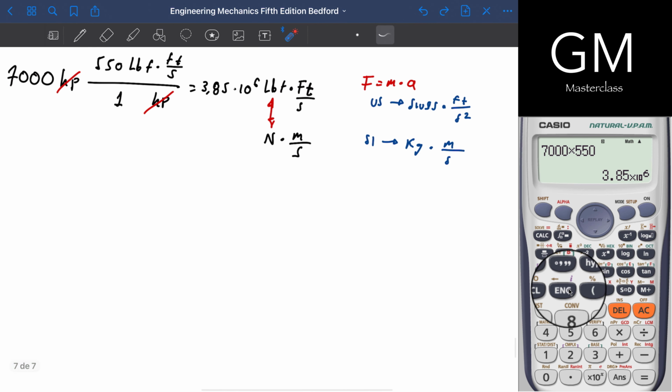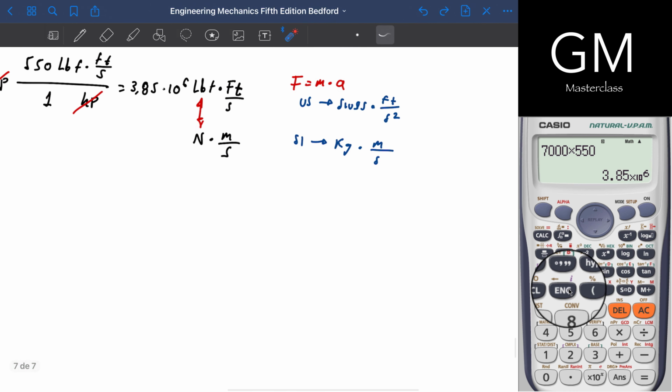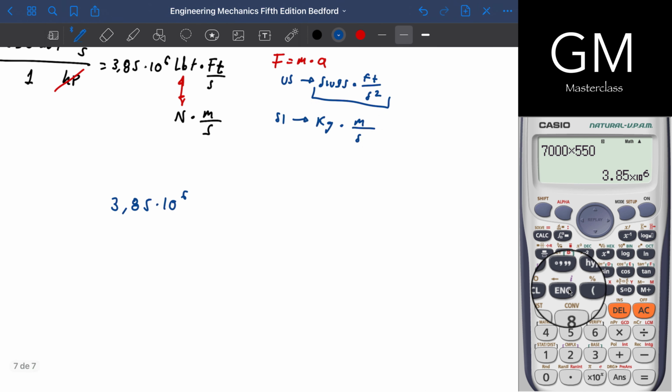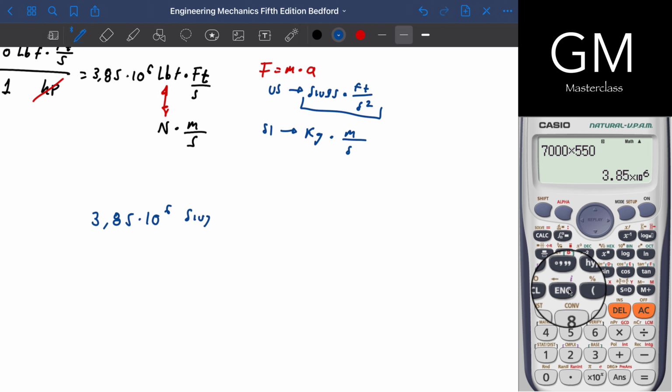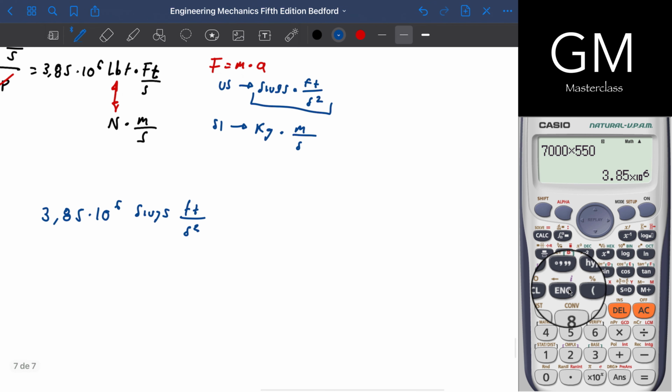Then I'll write down this value using these kinds of units. So slugs, feet per square second multiplied by feet per second.